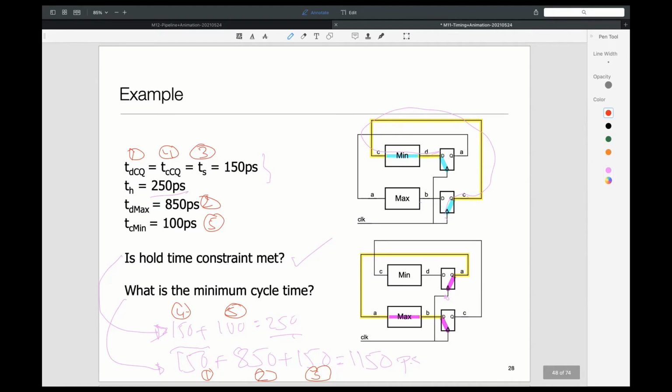Like when we were reasoning about it, we kind of assumed that if I was sitting as an external observer looking at these flip-flops, then by my watch, when the clock tick occurs at the bottom flip-flop is also when the clock tick occurs at the upper flip-flop. And that assumption is not true, because clocks travel over wires.